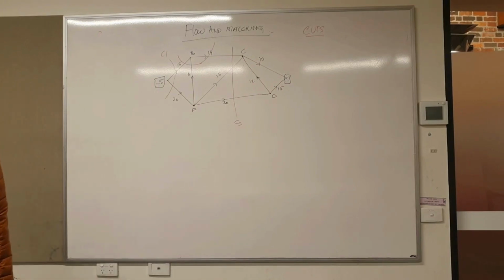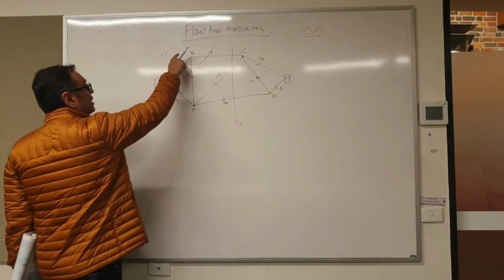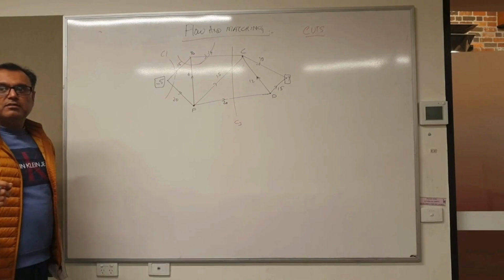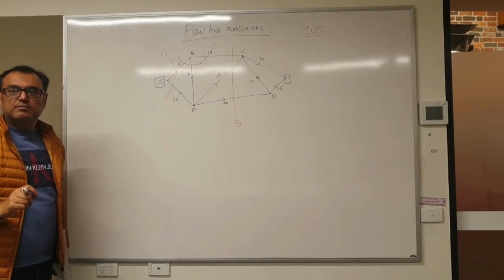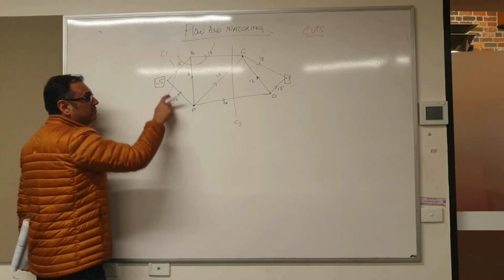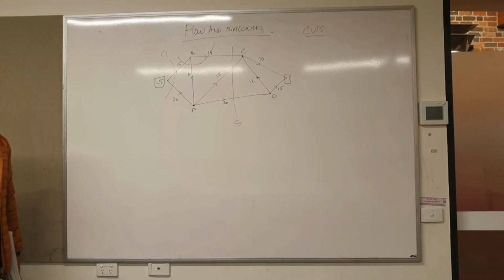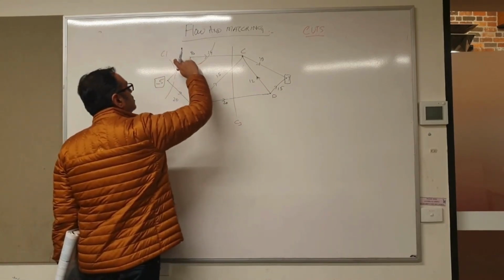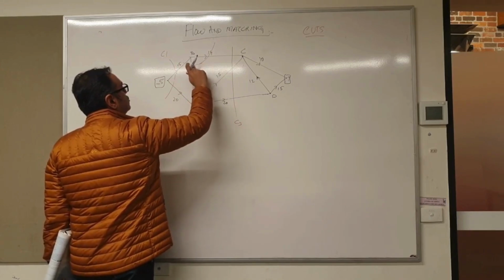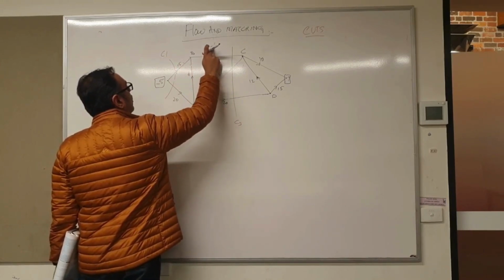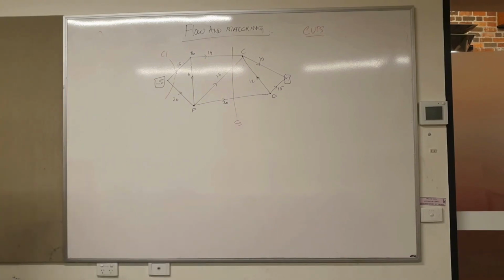So this is not a valid cut. I will not consider this as a cut because I'm allowing the flow to reach from source to target. So I will not use this. My cuts need to be valid, right?